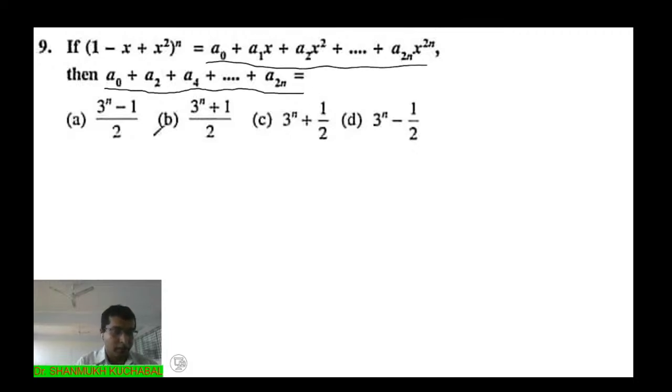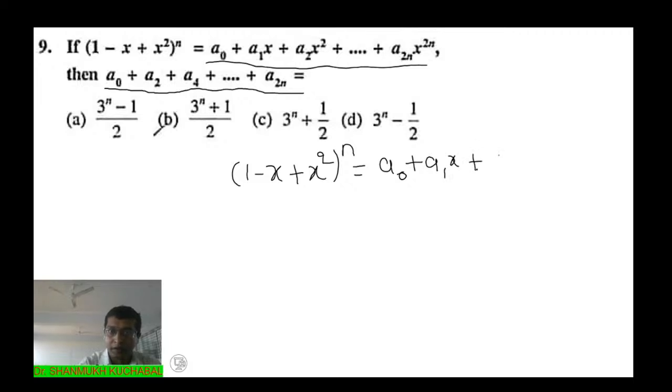Okay. So it is given that (1 − x + x²) raised to n equals a0 + a1x + a2x² + and so on, up to a2n x raised to 2n.